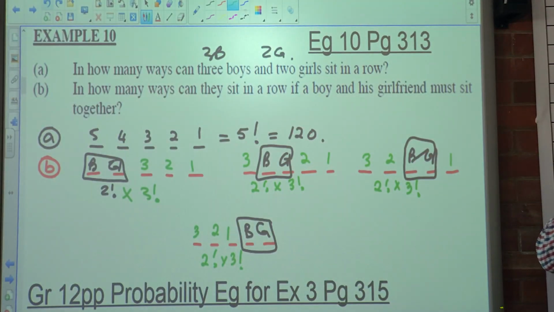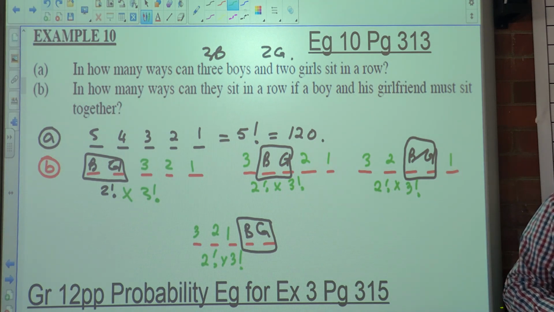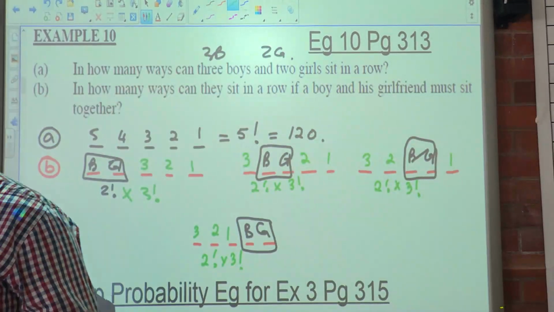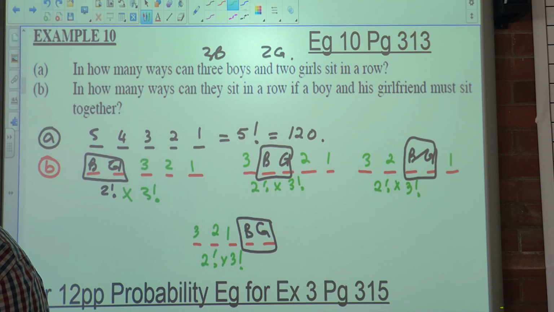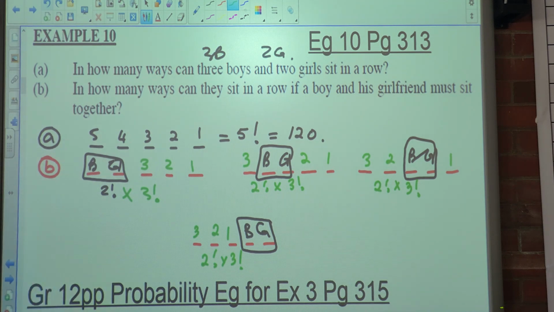You say, hang on, what do I notice? Always the same, it's a pattern. Not so? And how many times is that pattern actually being repeated? 4 times. So it's going to be times 4.